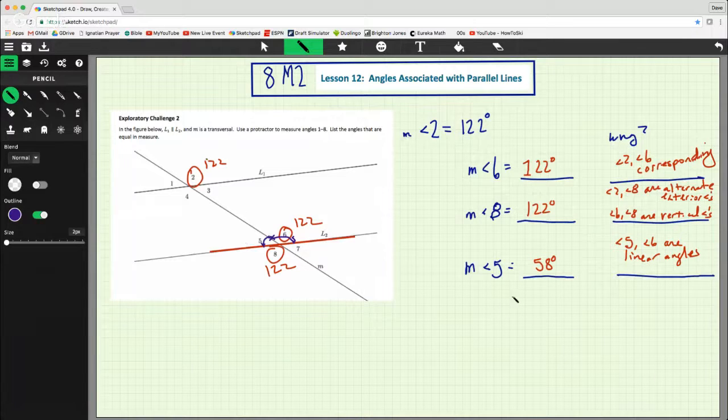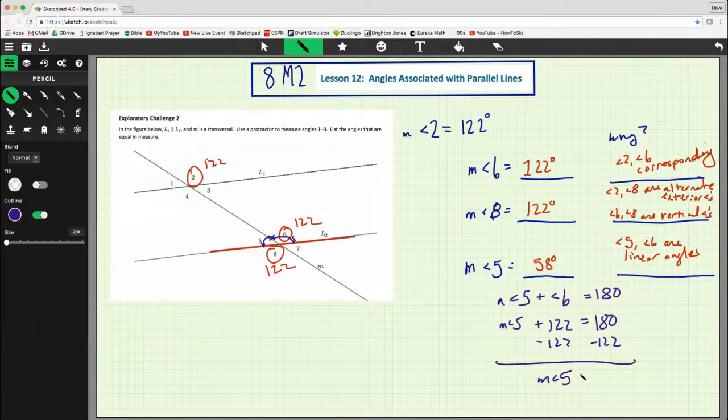So if angle 5 plus the measure of angle 6 equals 180, and I know that angle 6 is 122, then the measure of angle 5 plus 122 equals 180. I can subtract 122 from both sides, and the measure of angle 5 must equal 58 degrees.